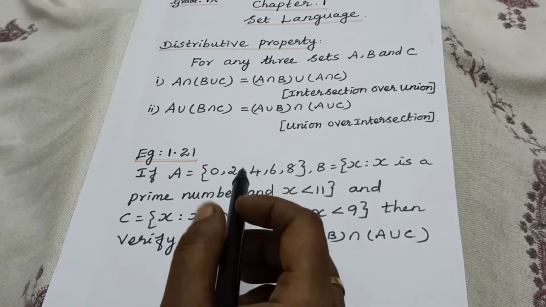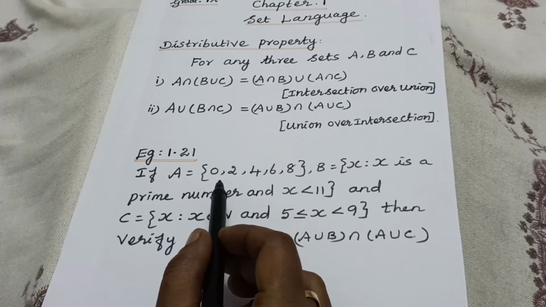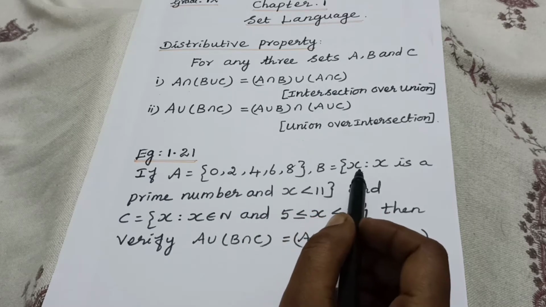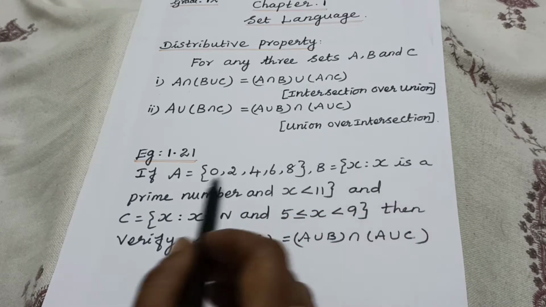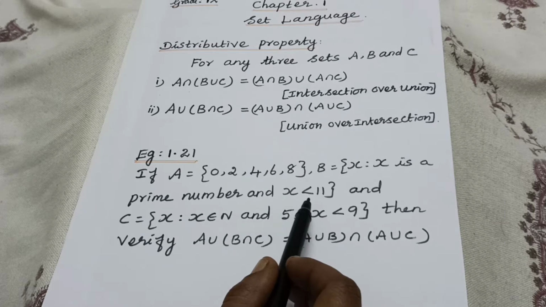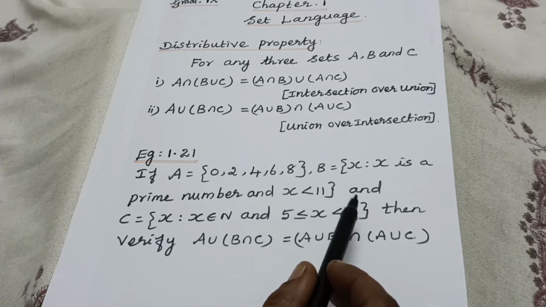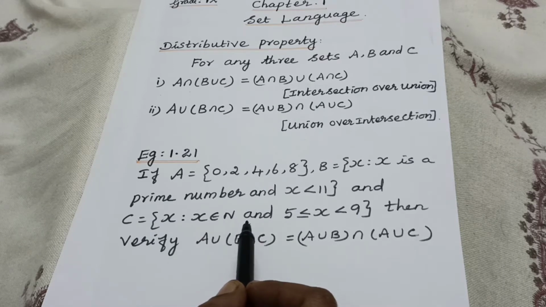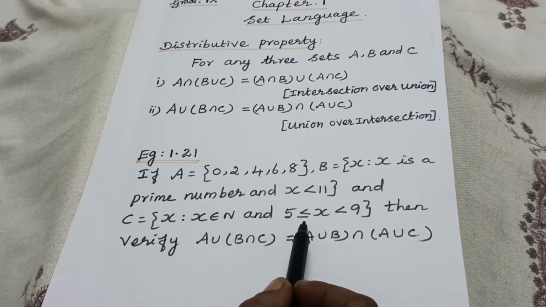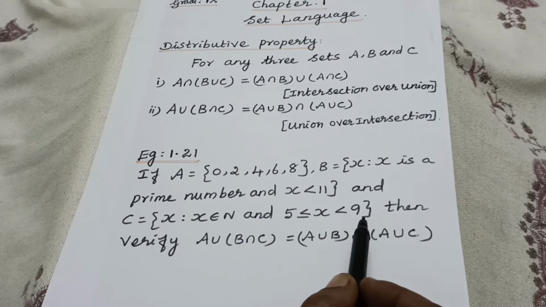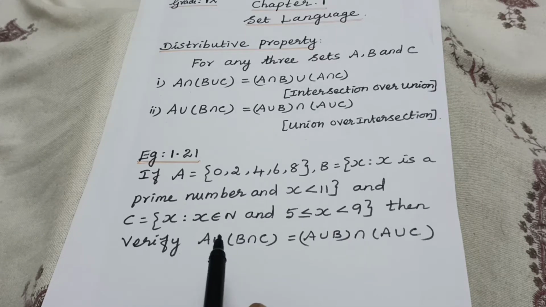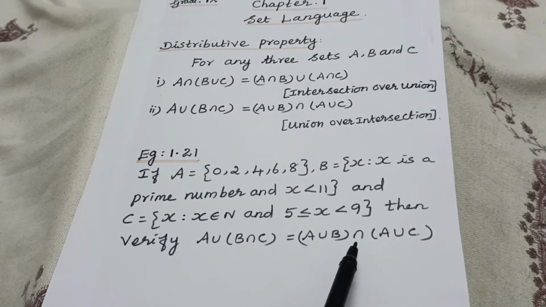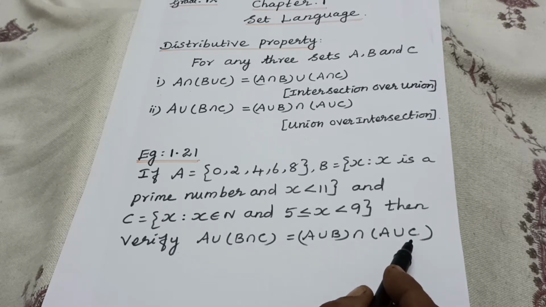If A is equal to the set {0, 2, 4, 6, 8}, B is equal to {x such that x is a prime number and x less than 11}, and C is equal to {x such that x belongs to N and 5 less than or equal to x less than 9}, then verify A union (B intersection C) is equal to (A union B) intersection (A union C).